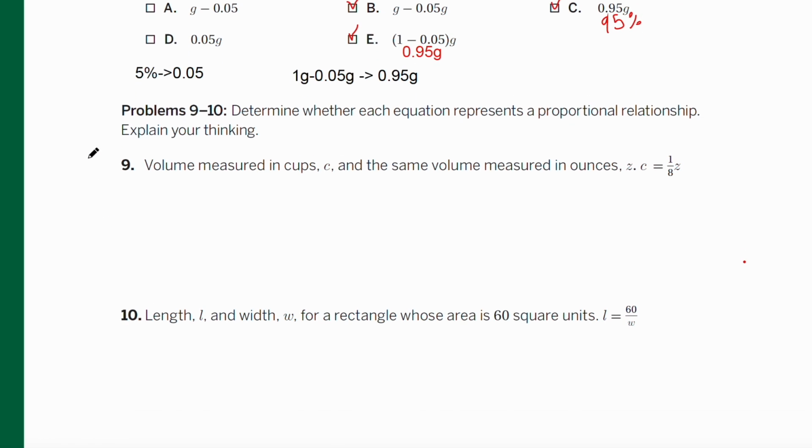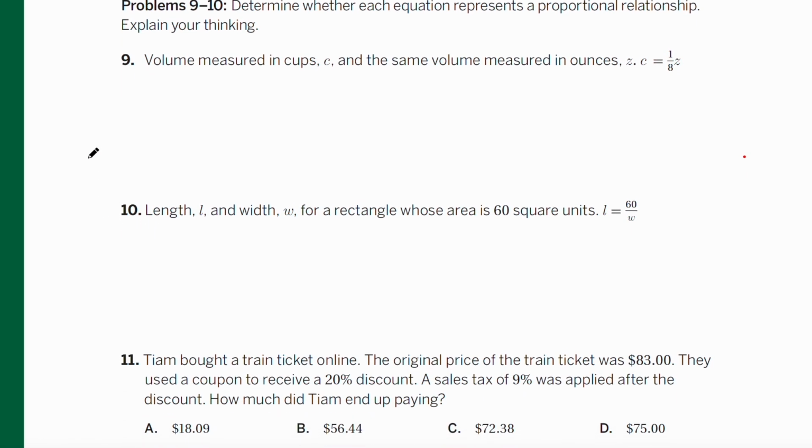Let's move on to problems 9 and 10. It says, determine whether each equation represents a proportional relationship. Explain your thinking. Now, way back when, we talked about what it means for an equation to be proportional. And we said that a proportional equation looks like this.